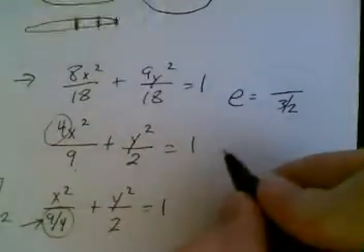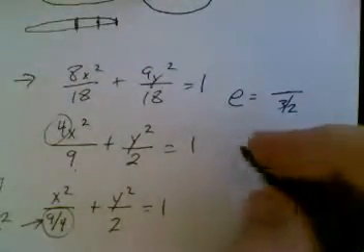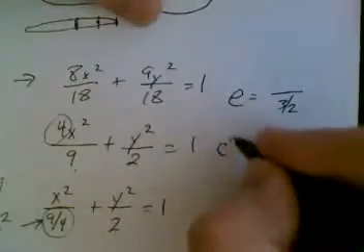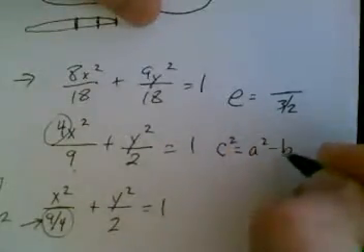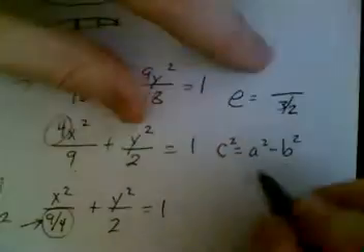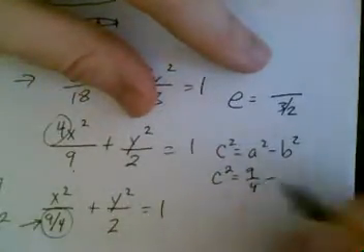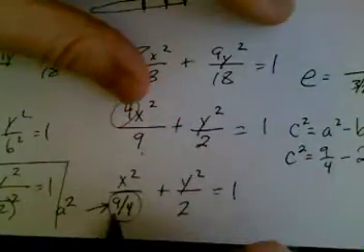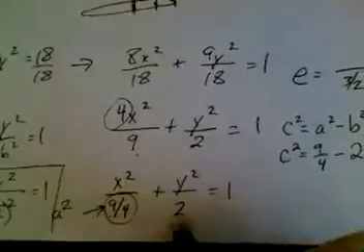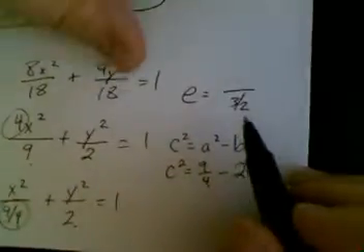Well, remember, the formula that's very close to the Pythagorean theorem is C squared is equal to A squared minus B squared. So I'm going to have C squared is equal to 9/4 minus 2. Again, the A squared value, the B squared value.